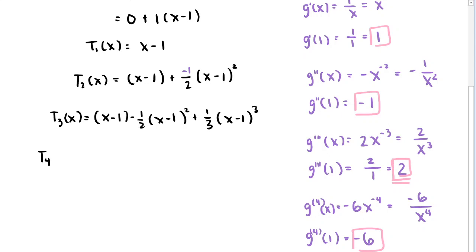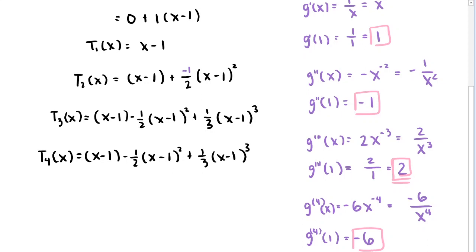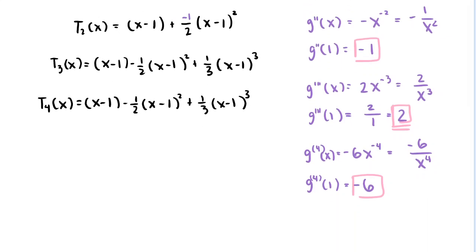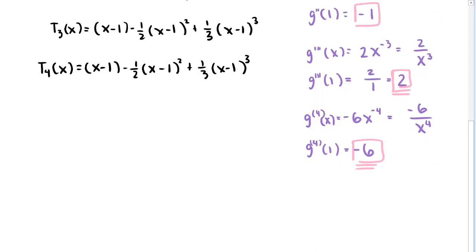And the fourth degree Taylor polynomial, well, this is the same thing, but with this additional term added on. And so this term is going to come from taking this -6 and dividing it by, maybe I'll write it out, 4 times 3 times 2 times 1.